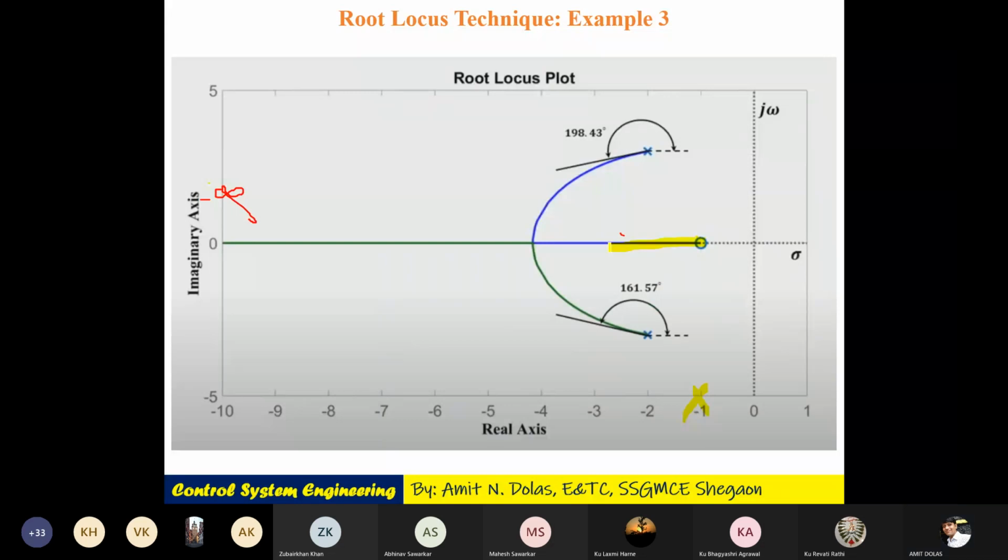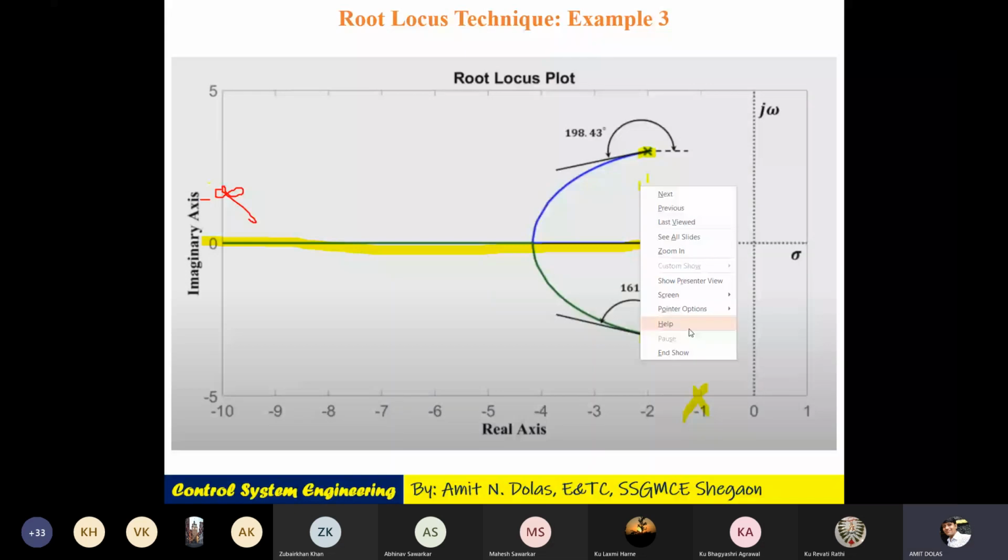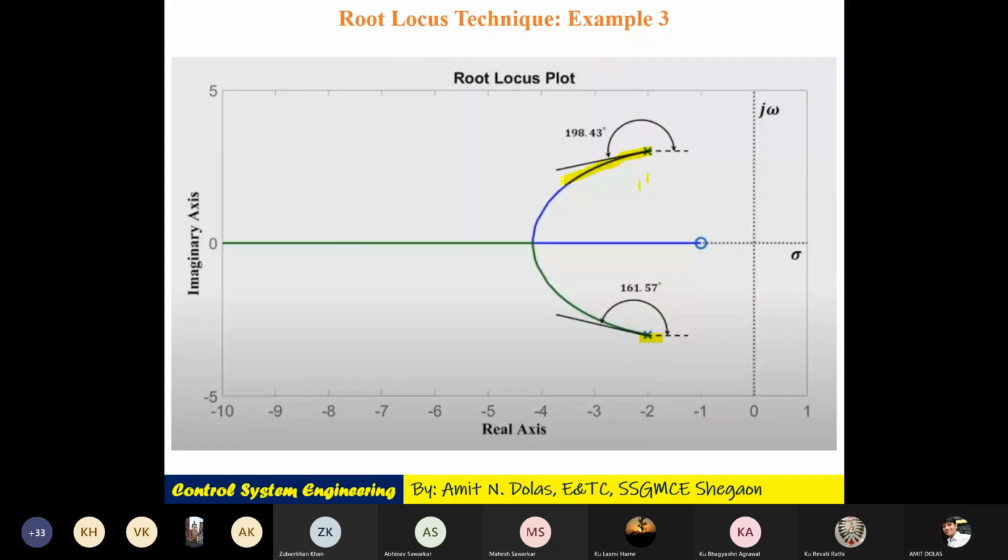This is the root, out of which here there are complex conjugate points, and you can see one of the poles started at -2 plus j3 and ends at 0. One of the branches which is initiated at -2 plus j3 starts at the pole, K equal to 0, and ends at 0 available.